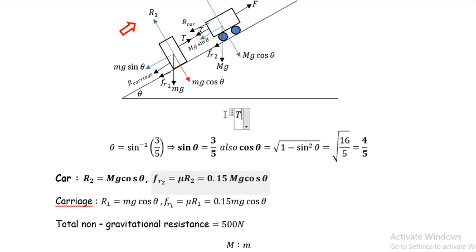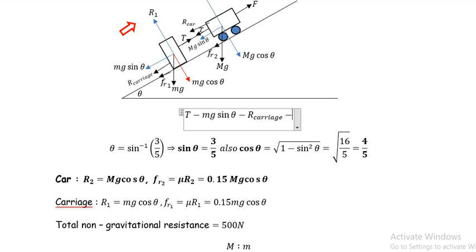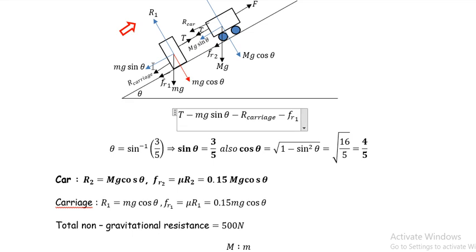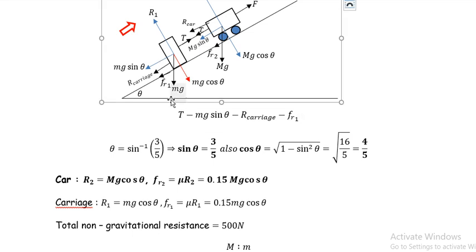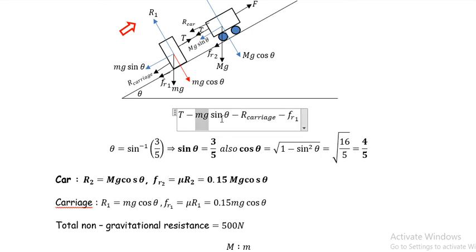Now what are the resistive forces? Minus mg sin theta, then minus again R carriage, and then minus Fr1. Voila, we have three resistive forces. We have the component of the weight along the plane, we have the non-gravitational resistance for the carriage, and we have the frictional force. Then we have to equate it to the mass of the carriage times the acceleration.